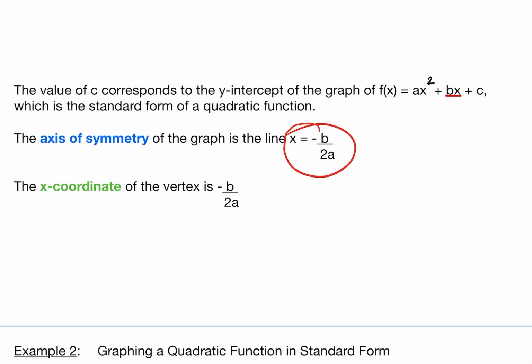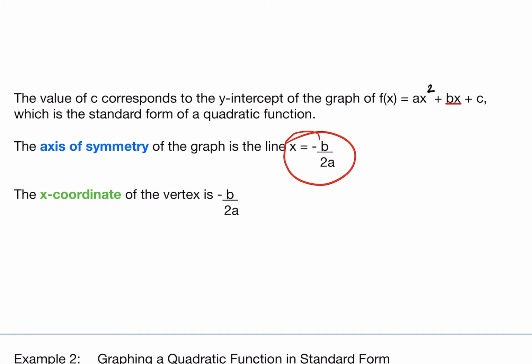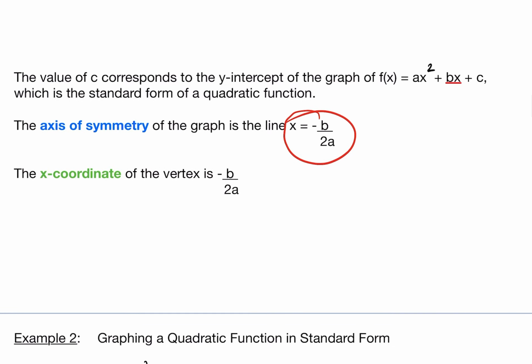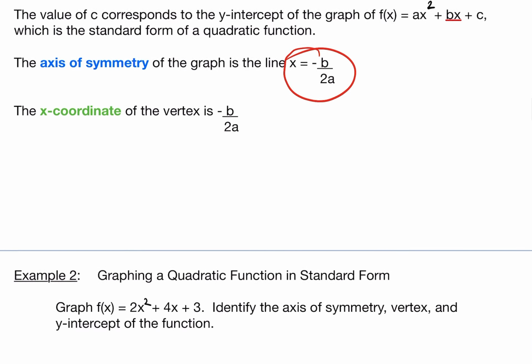And similarly, the x-coordinate of the vertex is also obtained from this expression, -b over 2a. So let's take a look at another example and see how this equation works in action.